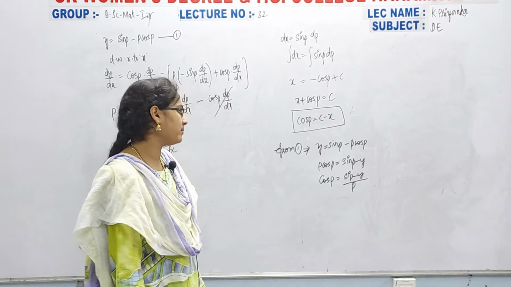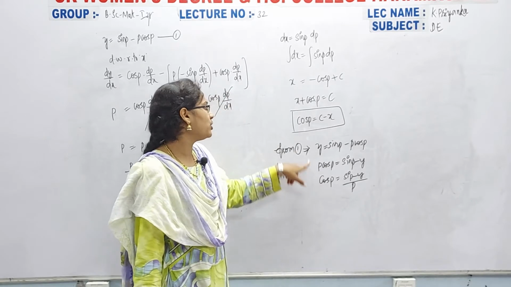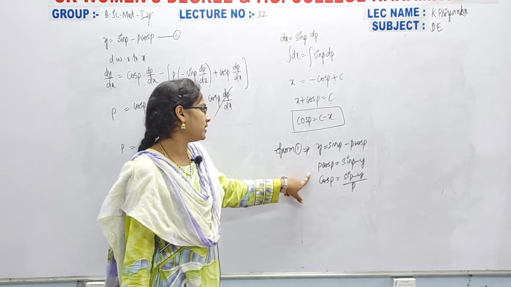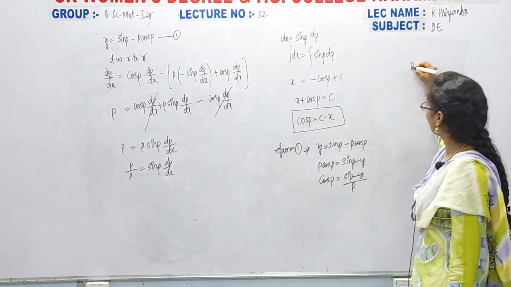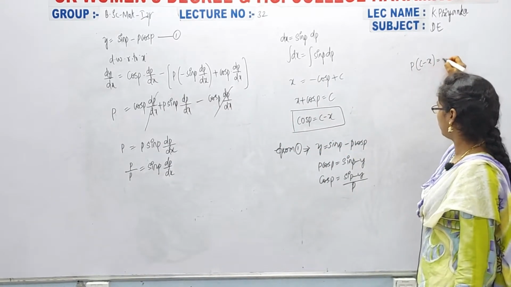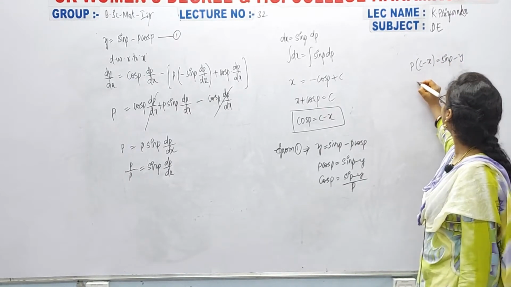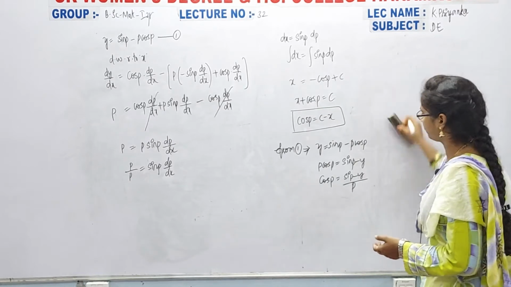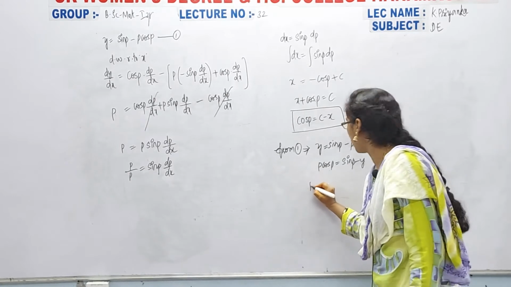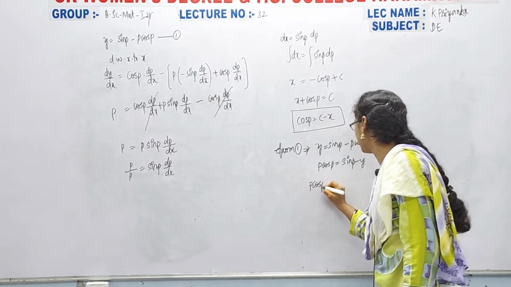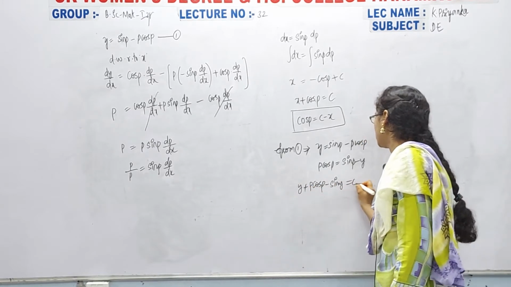Now from this equation, P cos P equal to sin P minus y, you can substitute the cos P value, and we will get the same thing here. Now I am writing P cos P minus sin P plus y equal to 0, the total equation.